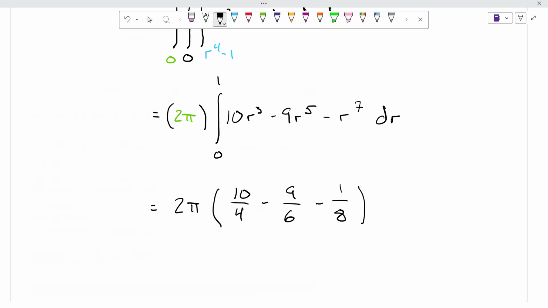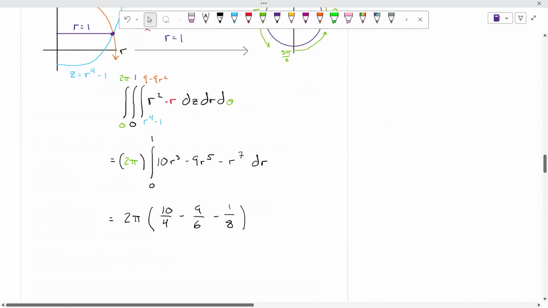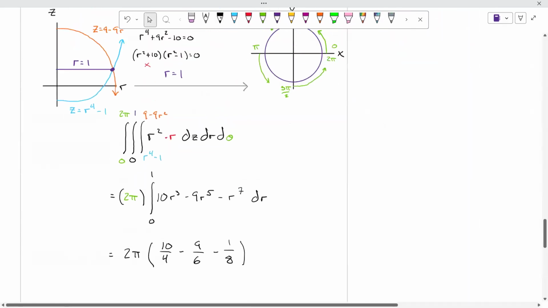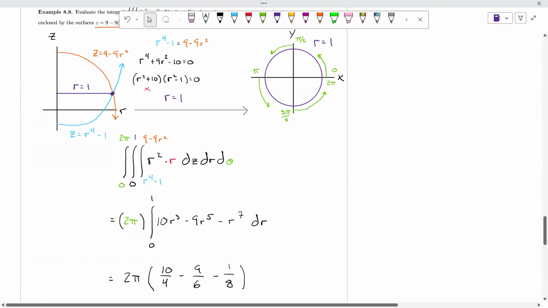And when I plug in 0, I get 0 for all three terms, since I'm just integrating powers of r. We could simplify those fractions, or we could not. So let's not. It'll come out to a number, I'm sure. But that's good enough for now.